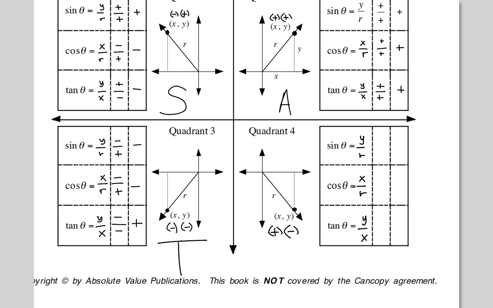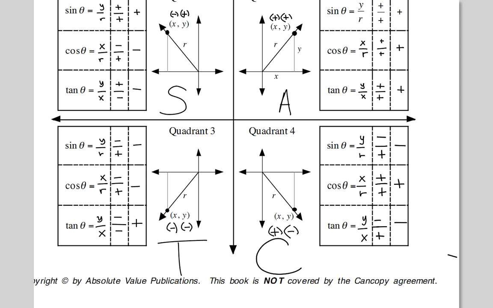For sine, it's a negative divided by a positive, so sine is negative. And cosine is positive divided by a positive, so you get positive. And tangent is y over x, a negative divided by a positive, which is negative. So the only one there that's positive is the cos.